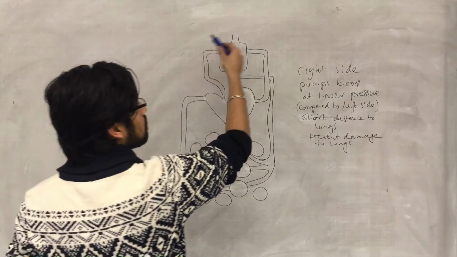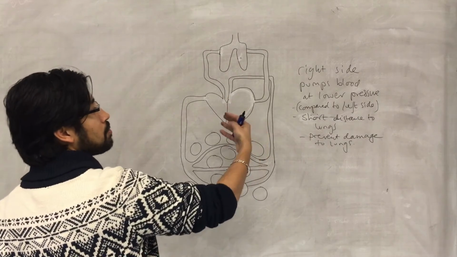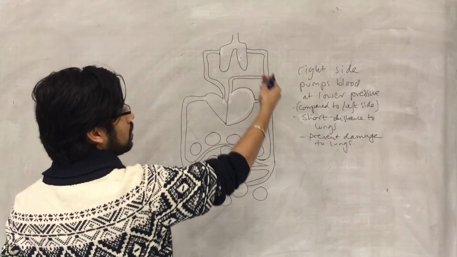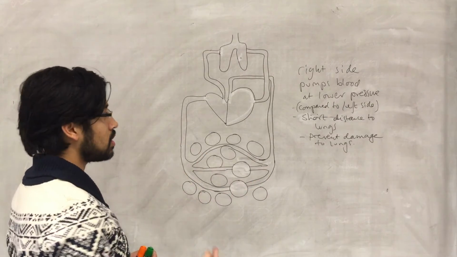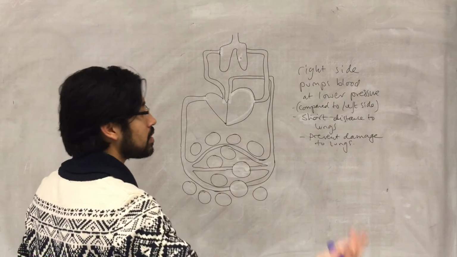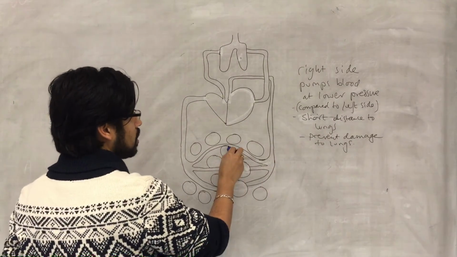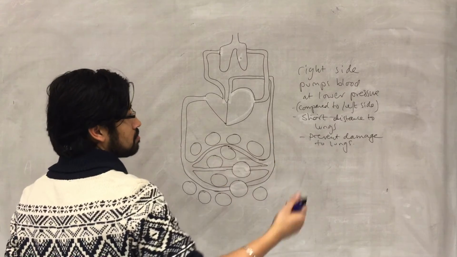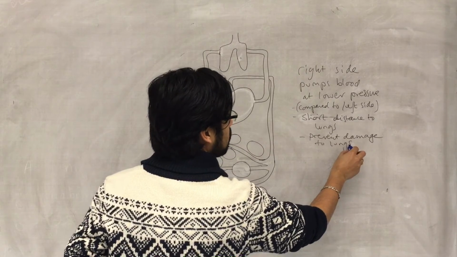But once that blood comes back oxygenated, then the left side can pump it at a much higher pressure, remember, for all those tissues that demand oxygen. So brain, muscles, cells of the nervous system, all your body cells requiring oxygen, you know, at a very high rate.